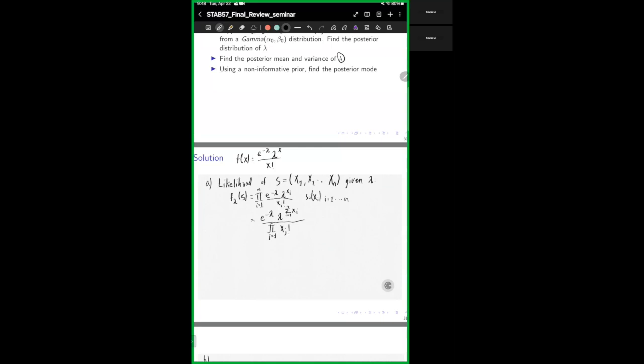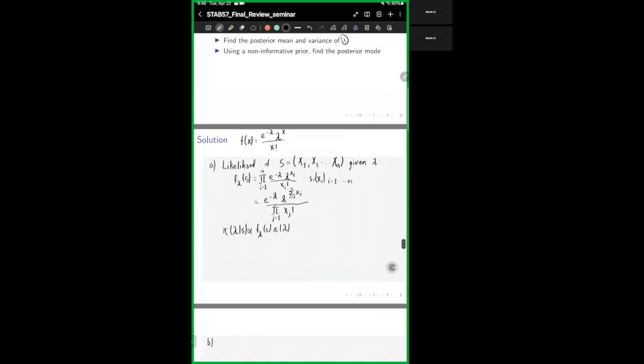Okay, so the posterior distribution will be as follows. pi of lambda given s is proportional to f of lambda given s times pi of lambda. So in this case, pi of lambda is gamma, right?